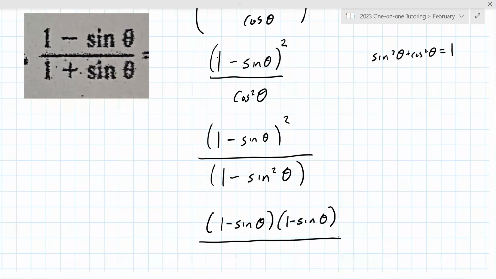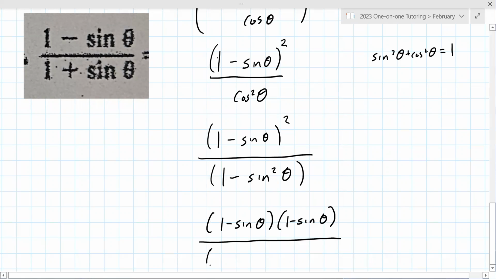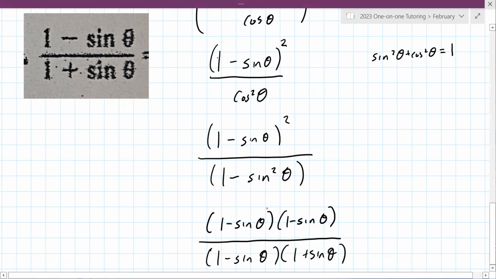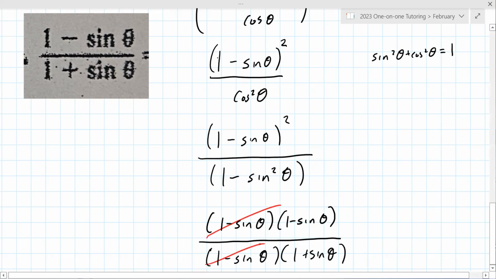Can't you make it 1 minus sine and then 1 plus sine? That's right. Good. And then both the 1 minus sines cancel. That's right. And now you have it. Well done. That was tough.